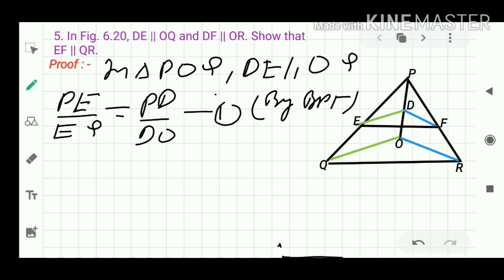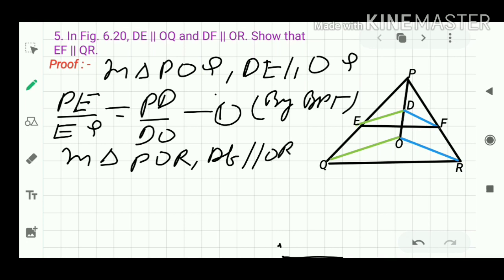Similarly, in triangle POR, DF is parallel to OR. Parallel lines are shown in the same color. See in the picture.